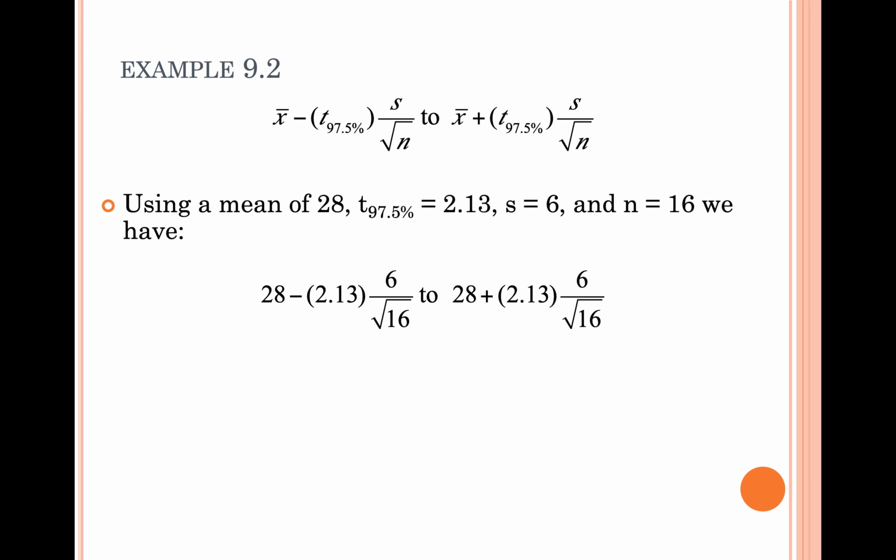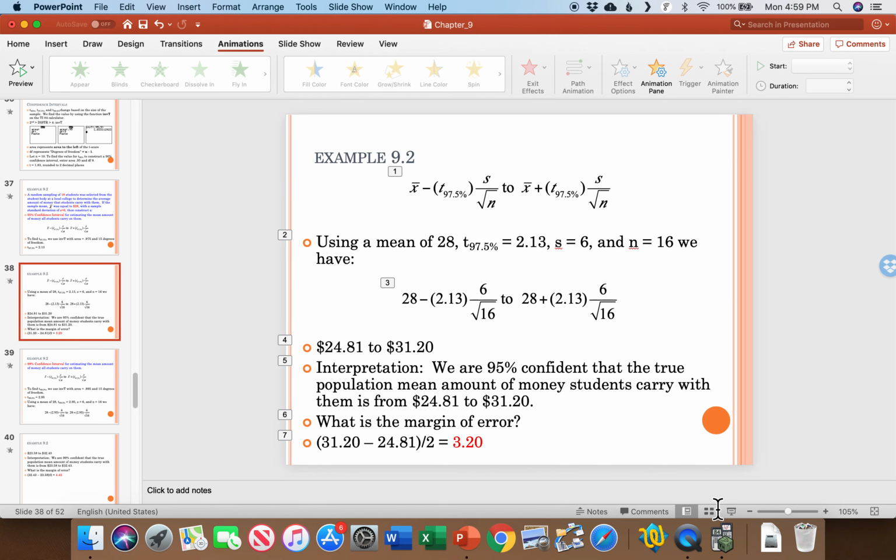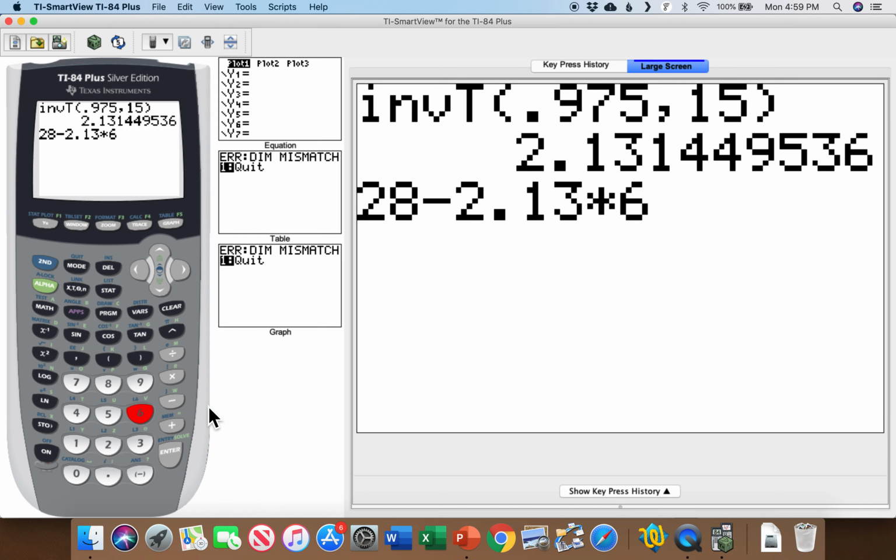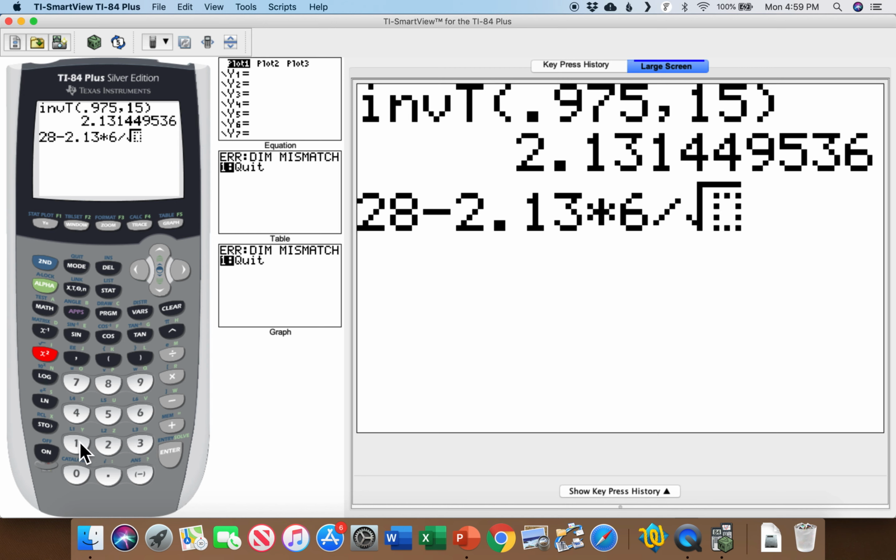So we could go to the calculator and plug this in and make sure we get the same answer. 28 minus 2.13 times 6 divided by the square root of 16 is 4. You could just enter a 4 there if you want, but in other problems, sorry, it won't be as clean.